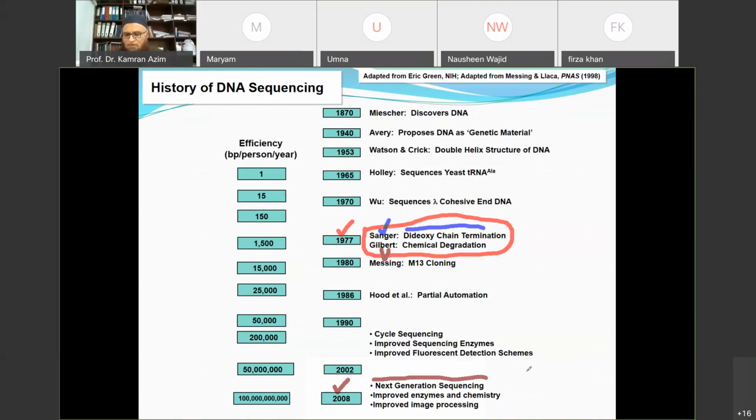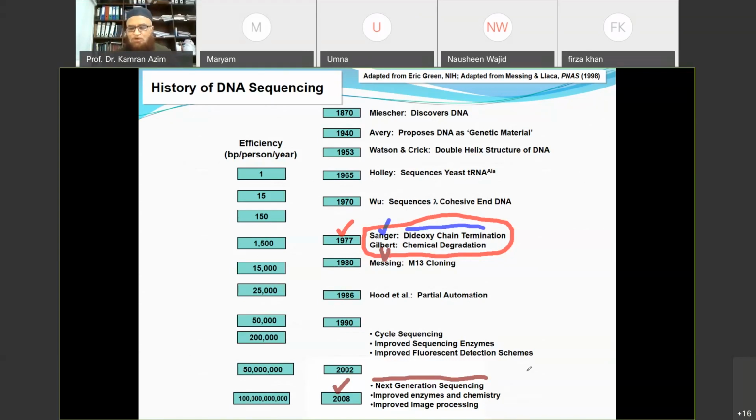The principle of next generation DNA sequencing is quite different from the principle of Sanger DNA sequencing, dideoxy DNA sequencing. It uses improved enzymes, a different chemistry principle for DNA sequencing, and improved image processing, which was not available in the time of Sanger in the 1970s and 1980s.